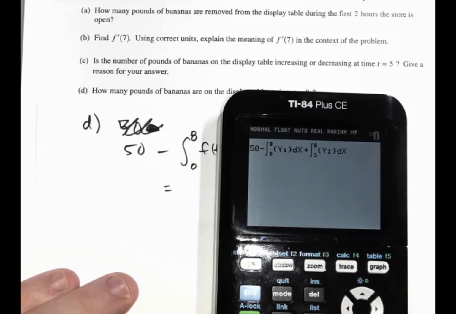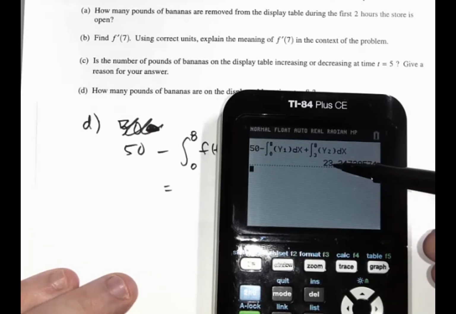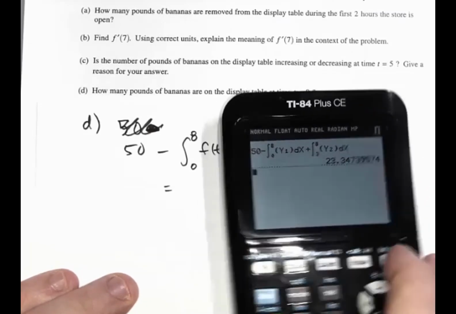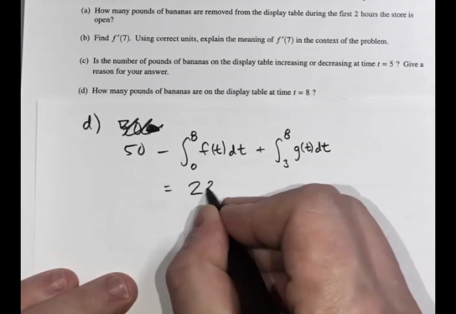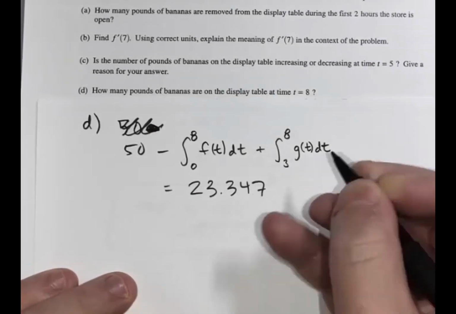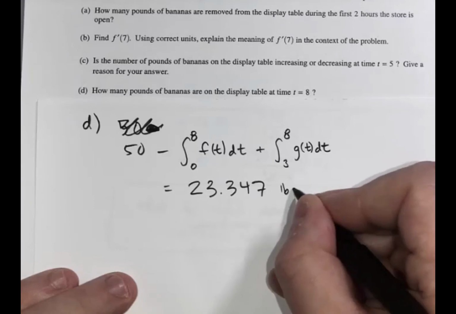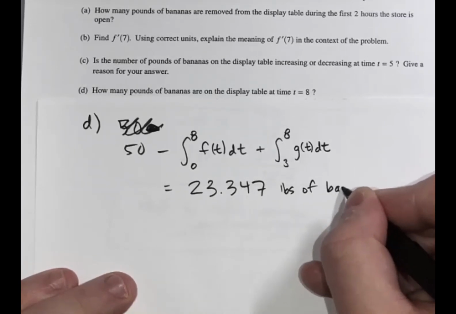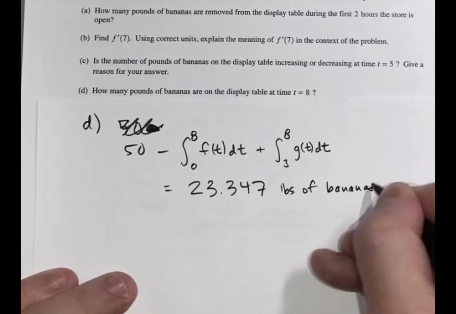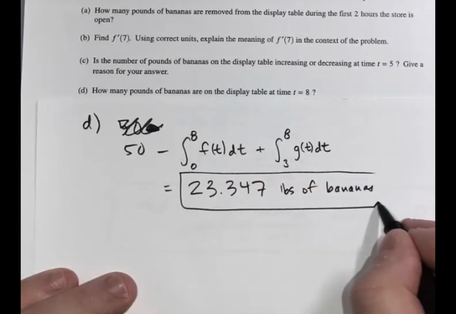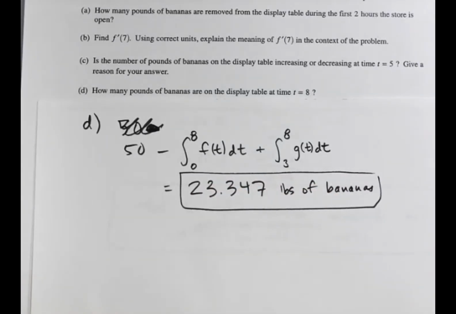So if we just let our calculator do that work for us, the answer it ends up giving is 23.347 pounds of bananas. And that's how many pounds of bananas there would be on the display at time equals 8.